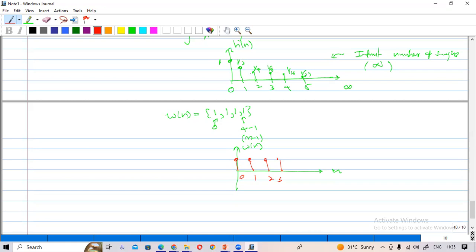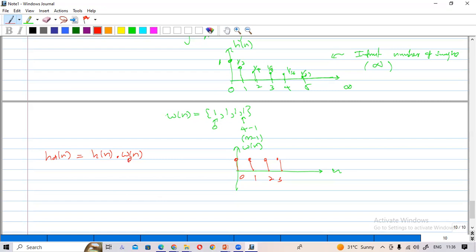Now what you have to do to find the desired response, hd[n], is multiply the obtained h[n] with the defined rectangular window.